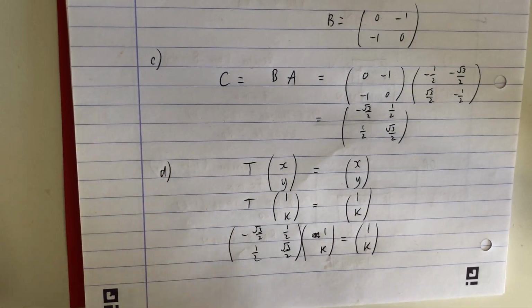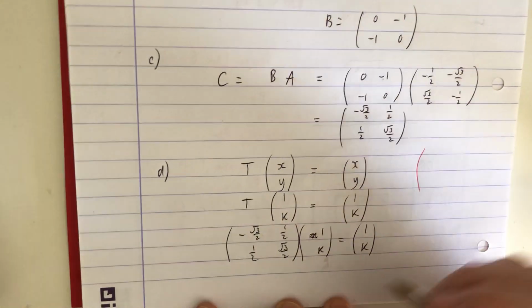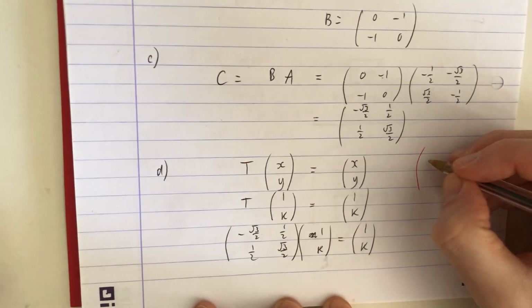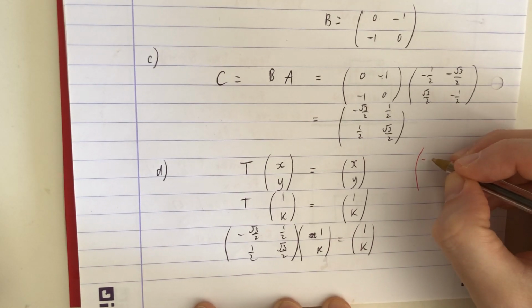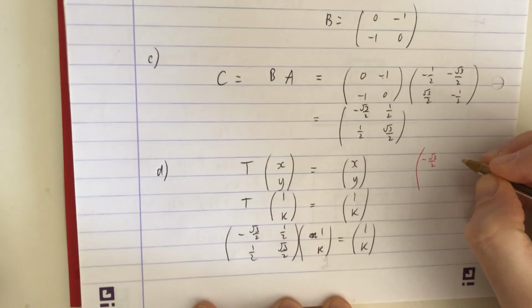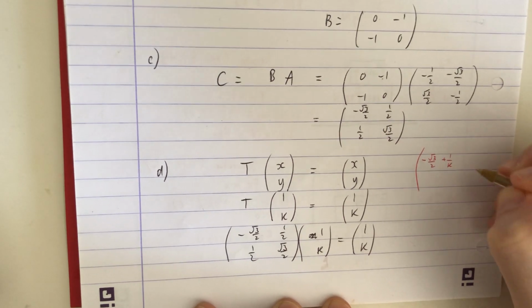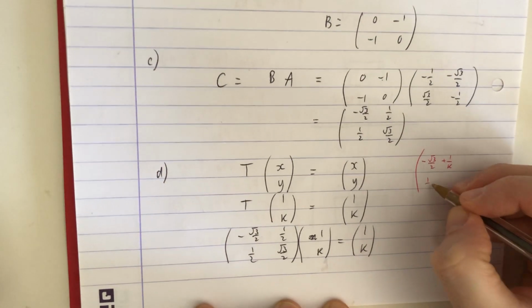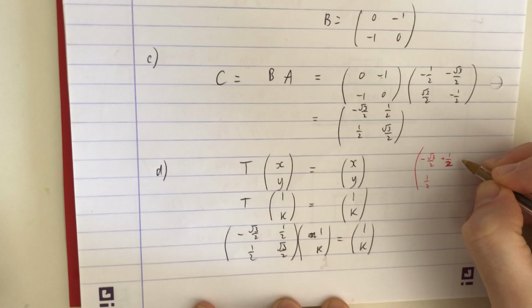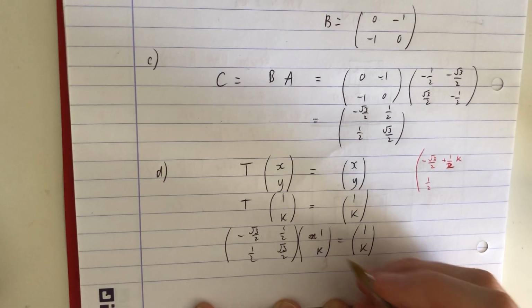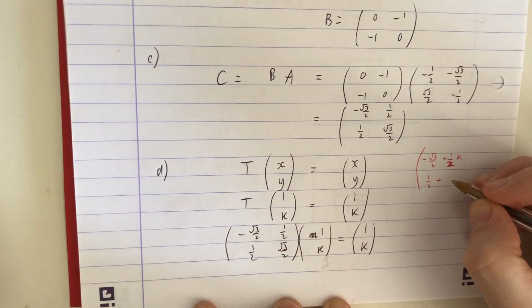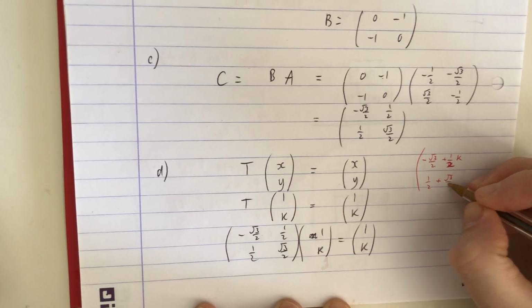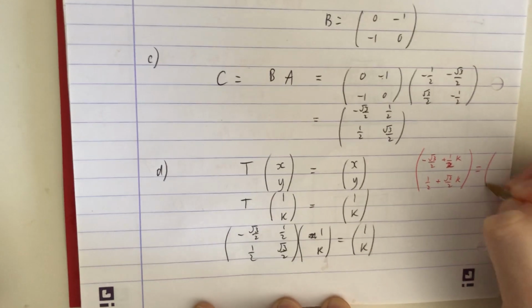Right, if you did the matrix multiplication on the left hand side, you'd get minus root 3 over 2 plus a half k, and a half plus root 3 over 2 k, that needs to equal 1, k.